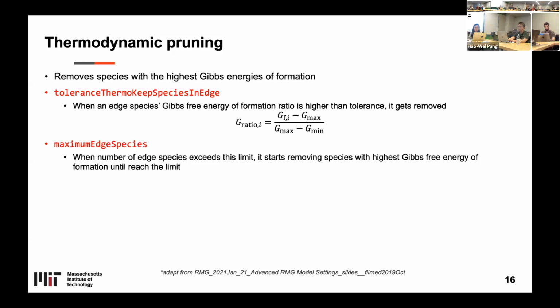But after I turn it on, it will remove those. So it's useful in that case. It will also check the maximum edge species, and if the number of species is larger than that, it will remove species based on their Gibbs free energy information, starting from the highest. It evaluates the Gibbs free energy of all the species based on the temperature of your system. So, yeah. Huh? How does it get the entropy? RMG estimates it using the groups method.